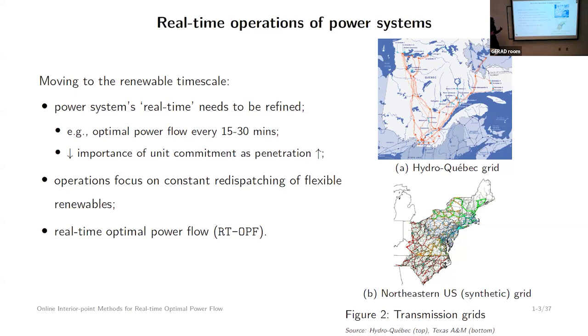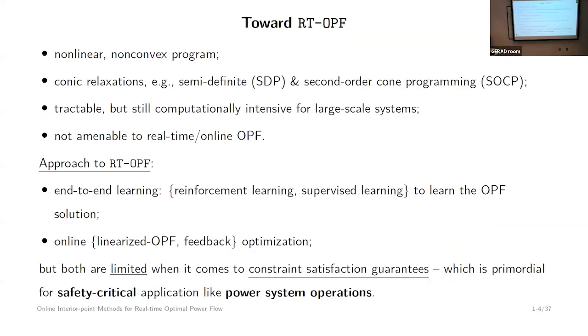And that altogether would encompass what I'd call real-time optimal power flow, the key problem that we need to solve to have real-time operation. So that'll be the main application that I'll be pursuing today.